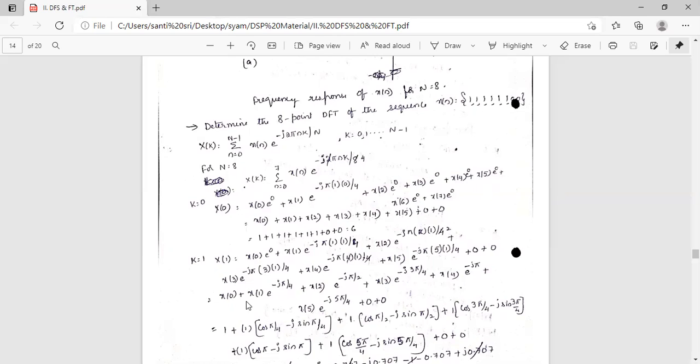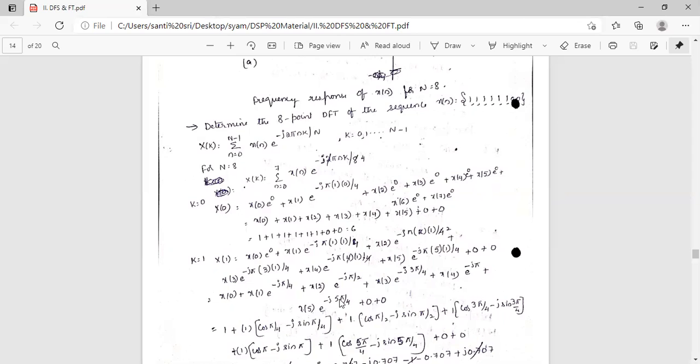So 1 plus x of 1, which is 1, into e power minus j pi by 4. We can write this as cos pi by 4 minus j sin pi by 4, plus 1 into e power minus j pi by 2, which can be written as cos pi by 2 minus j sin pi by 2. Similarly, e power minus j 3 pi by 4 is cos 3 pi by 4 minus j sin 3 pi by 4, and e power minus j pi can be written as cos pi minus j sin pi.